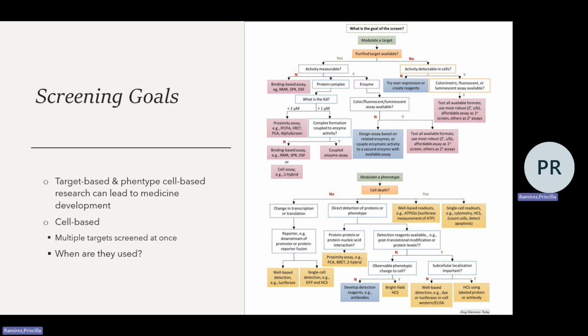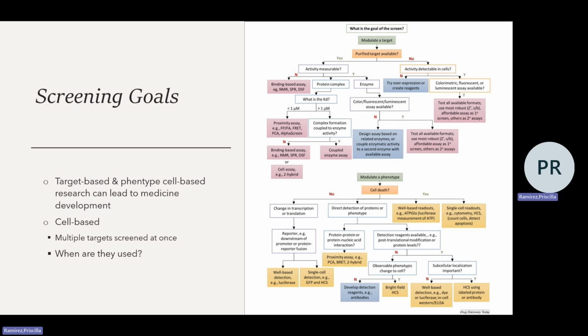Focusing more on cell-based or organism-based screens, they're used when, one, there's a desired molecular target that's not known. Two, the target can't be adequately reconstituted in a biochemical assay. And three, the desired phenotype only exists in a cellular context, such as differentiation from one cell type to another.